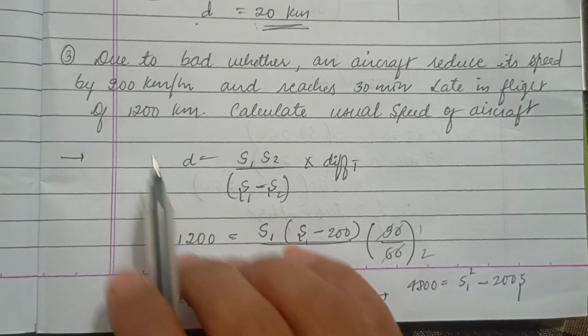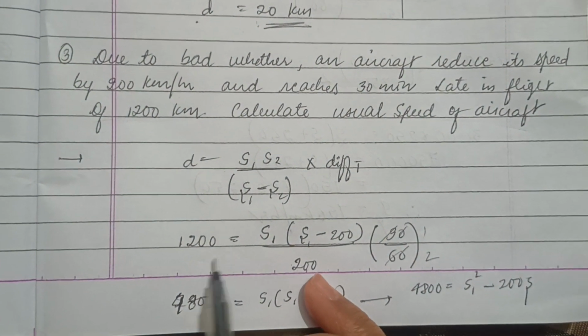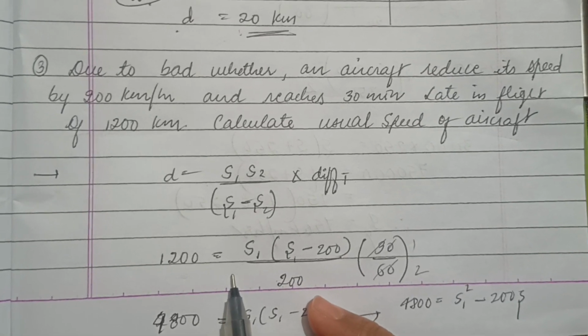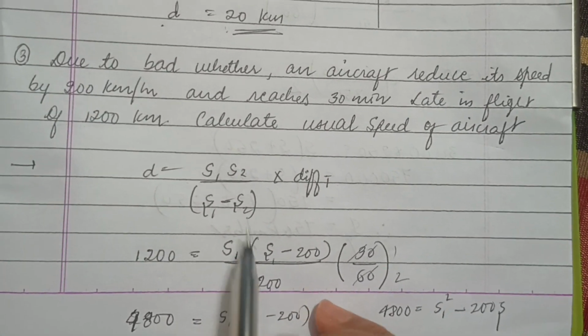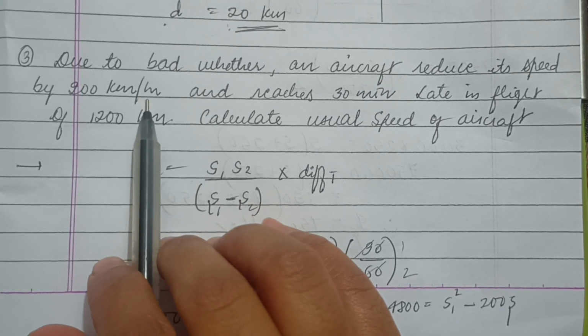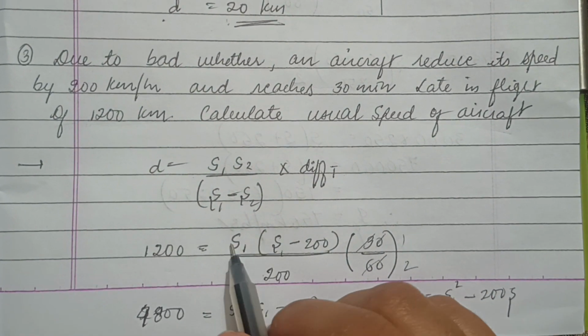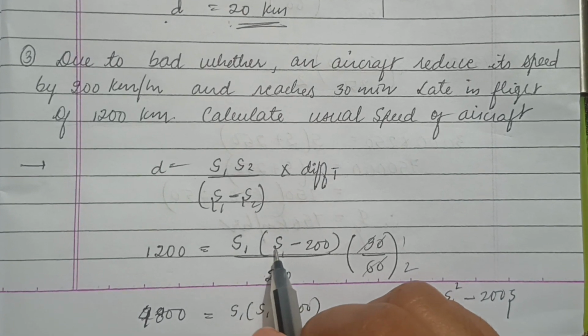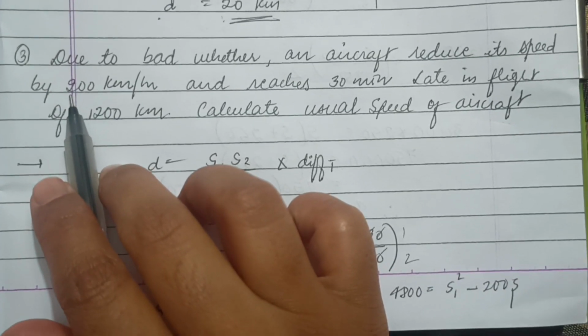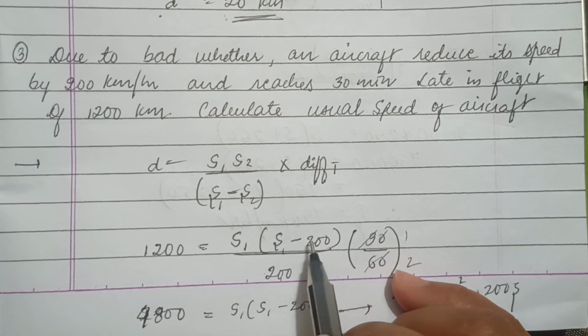So here we know that the distance it needs to cover will be 1200 km. Then here, since we don't know the speed earlier, but they have given that it reduces its speed by 200 km per hour, but we don't know what the speed was earlier, so let's take it as S1, and next time the speed is reduced by 200 km per hour, so that is S minus 200.